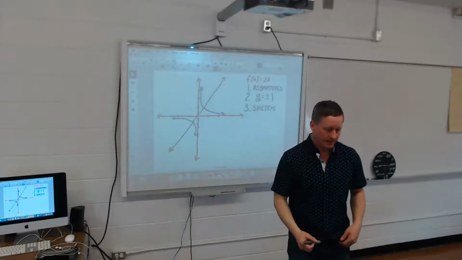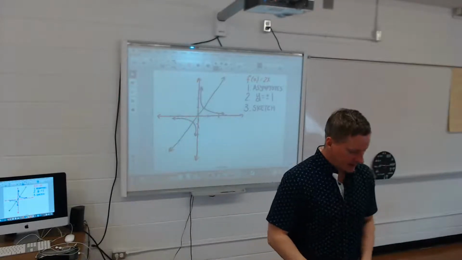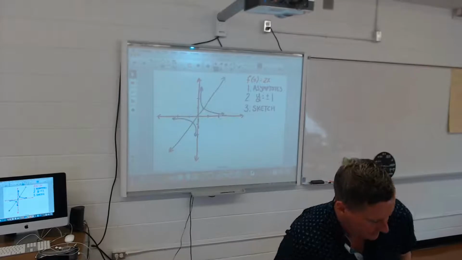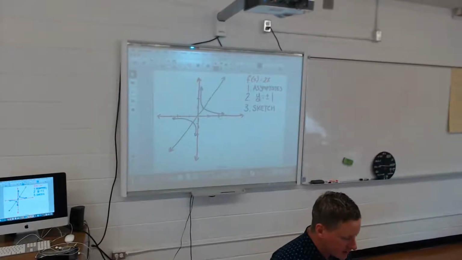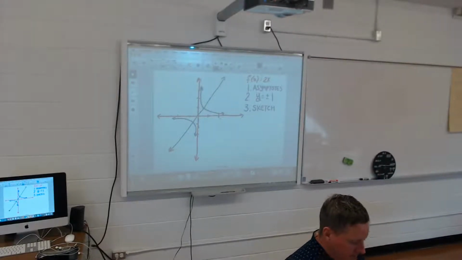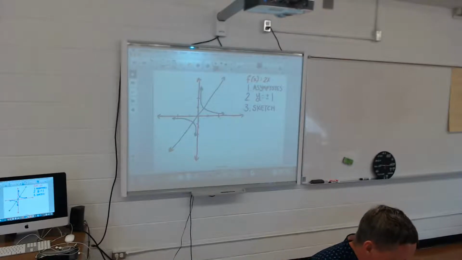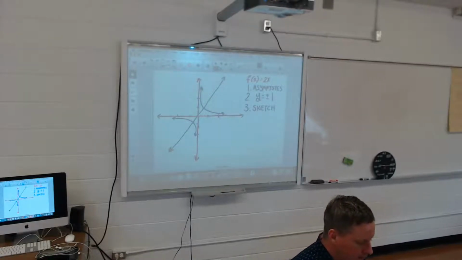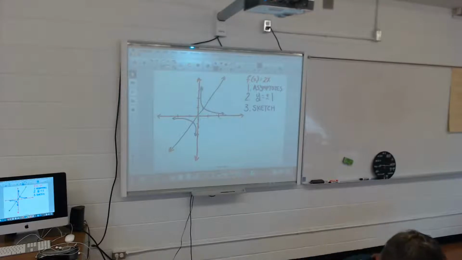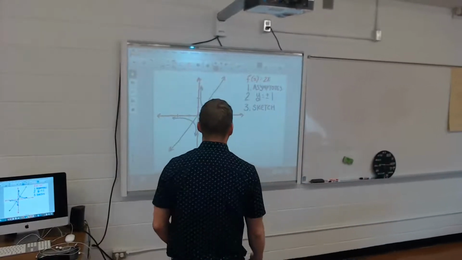All right? So let's look at filling in the box. I want to look at filling in the box on page 311. So the domain for the original graph, which was y equals 2x. Here, I'll write this out on the board.